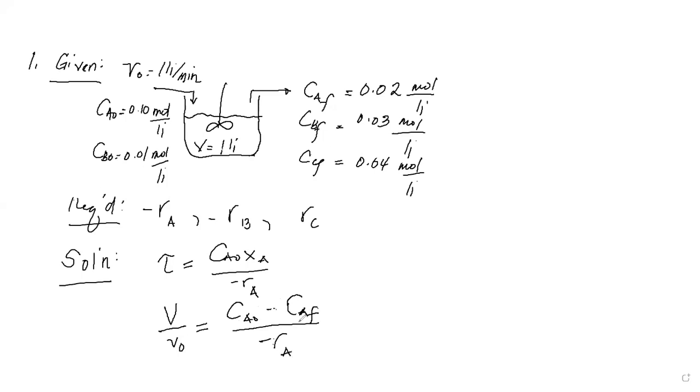rate. So see, the problem that we have regarding rate is now solved. I'll place it here, then I'll have this one here in the denominator of CAO minus CAF. So I will place now 0.10 minus 0.02 divided by the volume, which is 1 liter divided by 1 liter per minute.